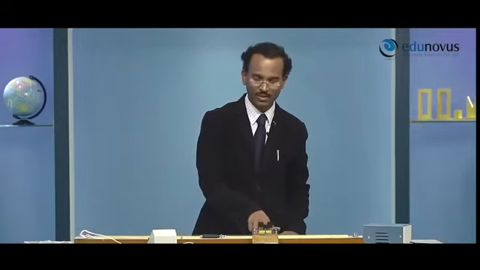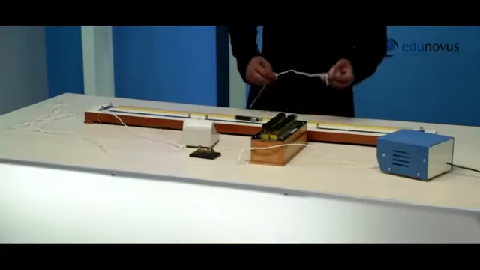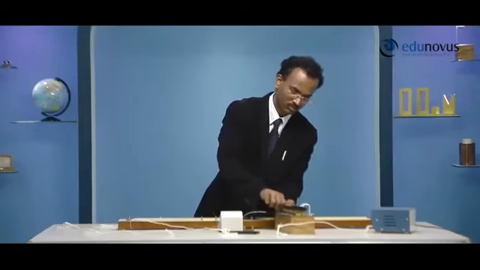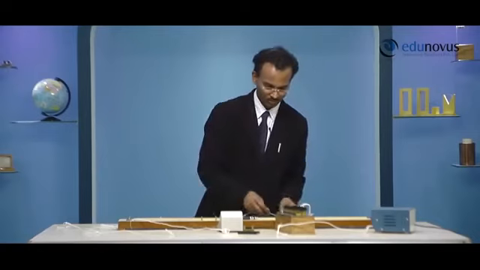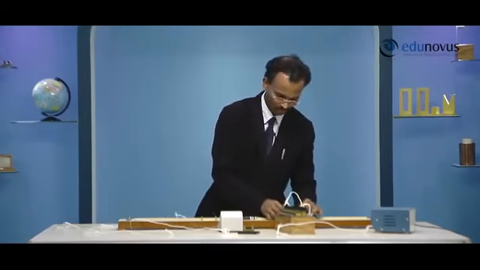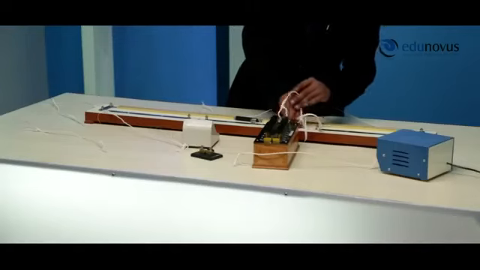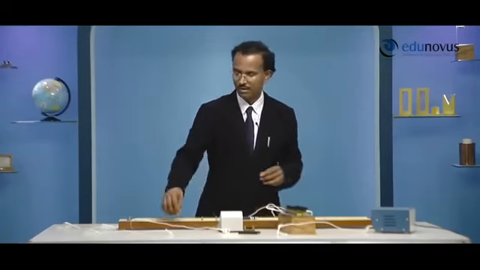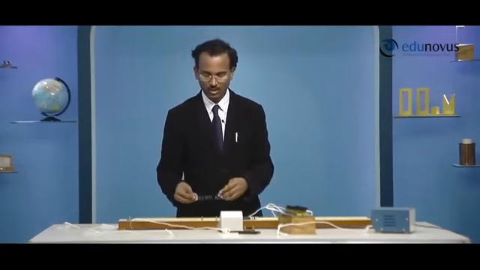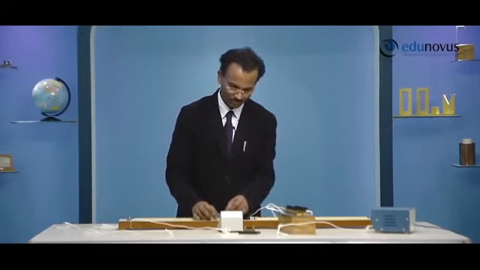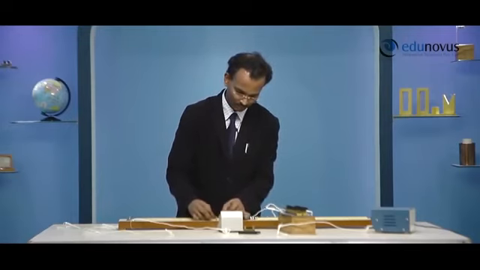Now I will connect the resistance box to the left gap in the meter bridge. Now I will connect the unknown resistance to the other gap. So this would form the X.